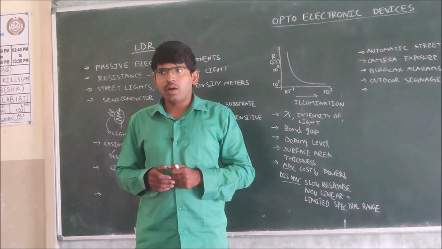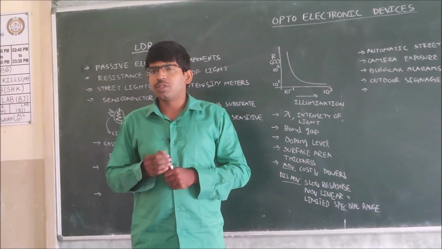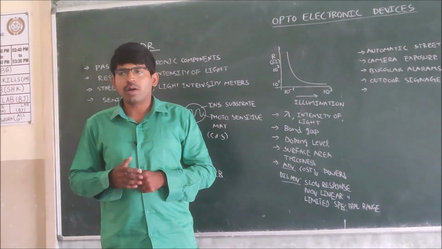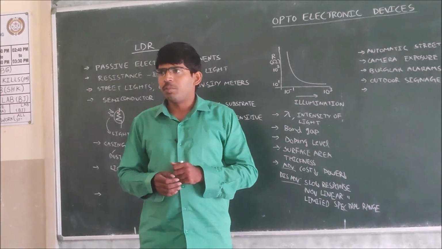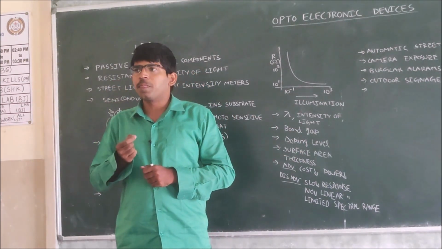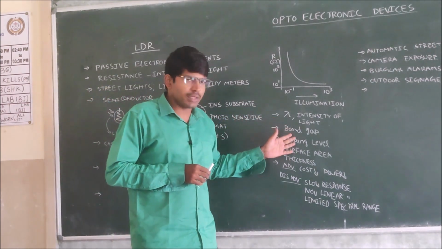In the spectrum, we have categorized light into visible light, which we are seeing, whatever colors you are seeing, whether you are seeing the board, because the light is falling on your eye and it is going to the retina, and then finally you are observing this.